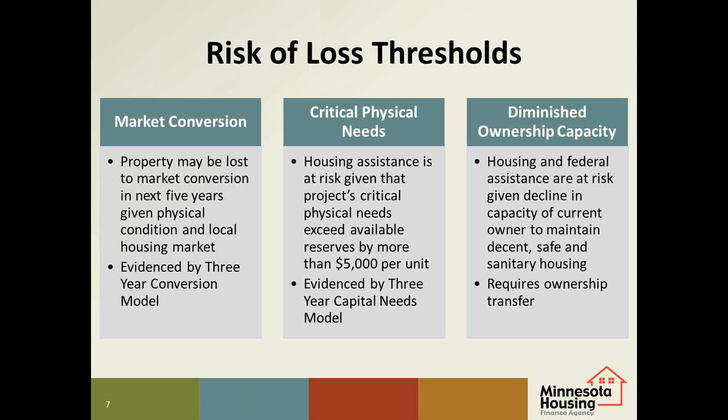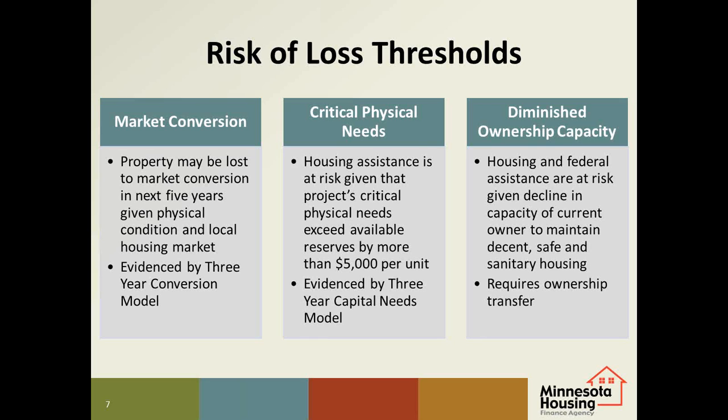The critical physical needs risk is when the housing assistance is at risk because the cost to address the property's existing critical needs exceeds the amount of existing reserves by more than $5,000 per unit. This is evidenced by the 3-year capital needs model and other documentation.